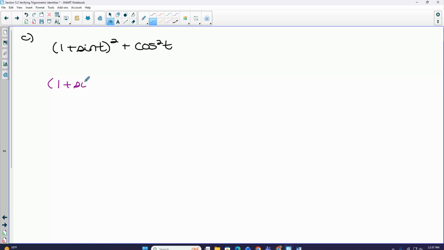Write it twice and FOIL, yeah. So that gives me 1 plus sine t plus sine t plus sine squared t.